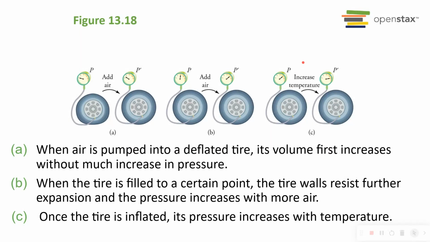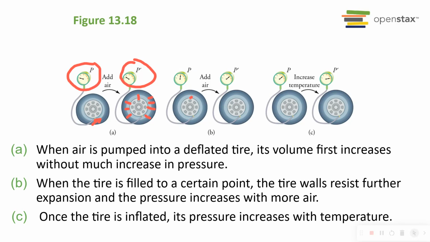Okay. All right. So when air is pumped into a deflated tire, the volume first increases without much pressure. In other words, we're not expanding. The air molecules are going in, and as they go in, they push out and fill the tire up. But that's not a lot of pressure. If you compare it to the pressure when the tire is completely flat, not a whole lot.